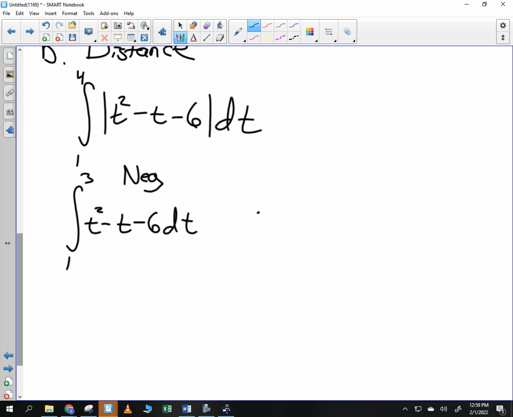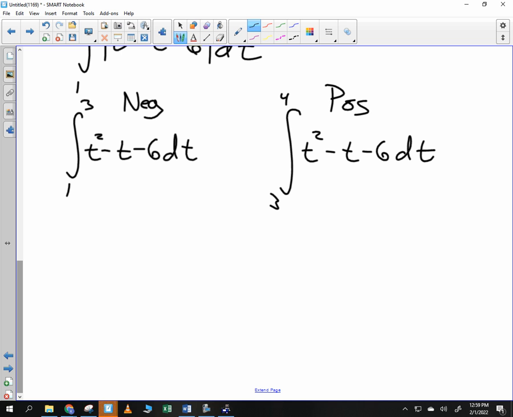And then I'm going to find the positive area, the integral from 3 to 4 of t squared minus t minus 6 dt. We know the one will be negative and the one will be positive. We'll just turn them both positive and add them together, and then we'll verify via our calculator.